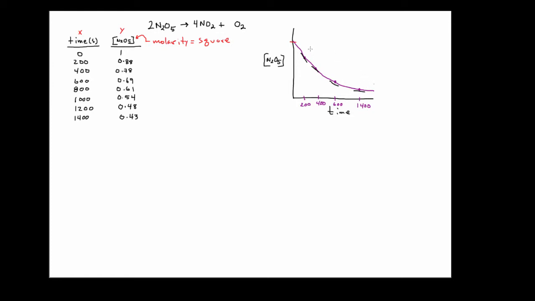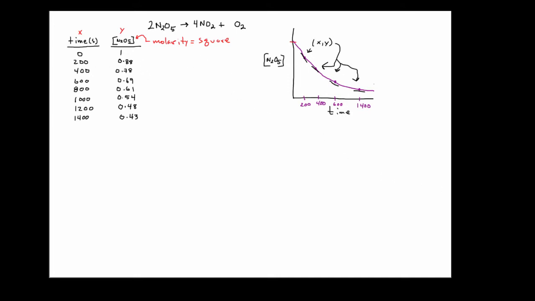There's going to be an XY value for each of these points, and we're finding the average rate at each one of these points, and the average rate that we find at each of these points is the average rate of that time interval and not anywhere else. We'll see that as we go through and do these calculations.